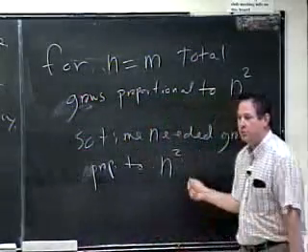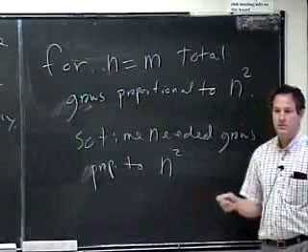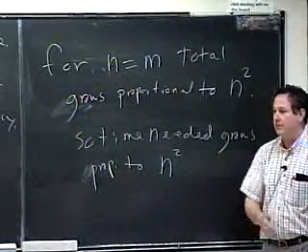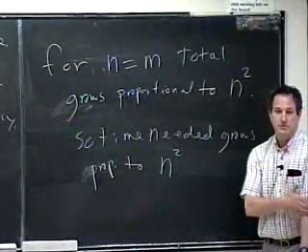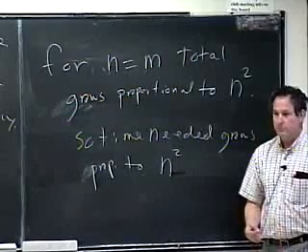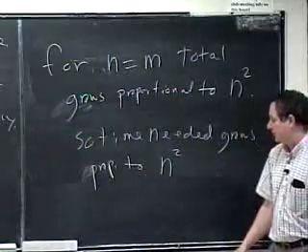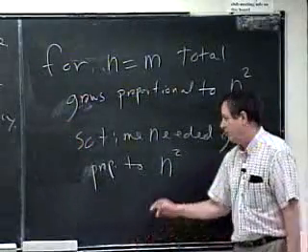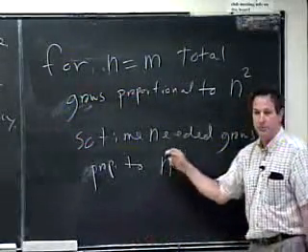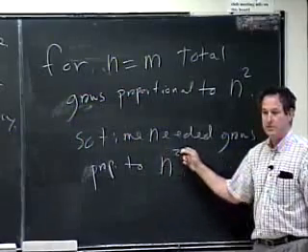Now, how does n squared compare to the total number of alignments? We didn't do a full analysis, but I said the total number of alignments grows exponentially in n. Is this exponential? No, this is polynomial.